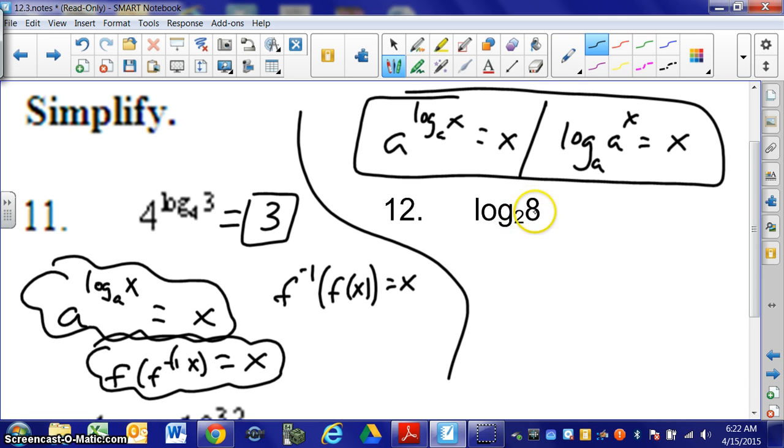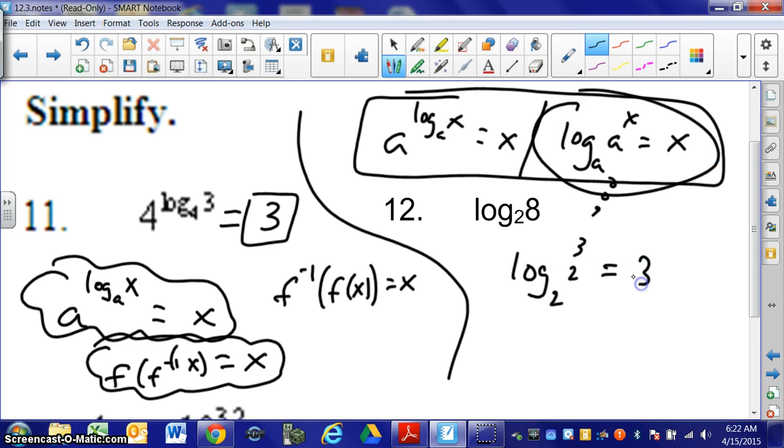I want you to think about rewriting 8 so that it is 2 to a power. So if I rewrite 8 as 2 to the third power, I can rewrite log base 2 of 8 as log base 2 of 2 to the third power. My answer is 3.